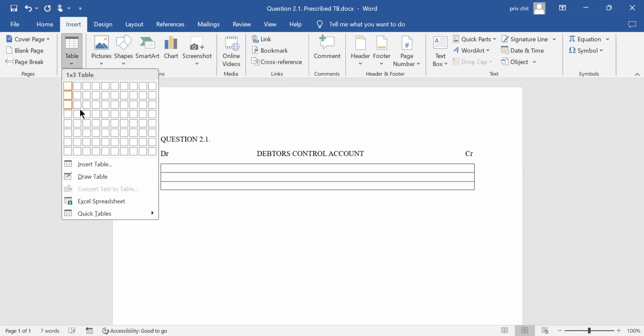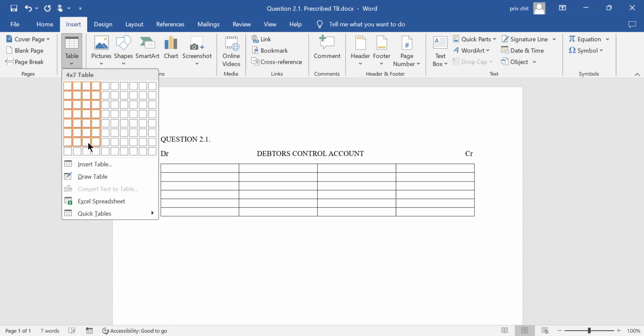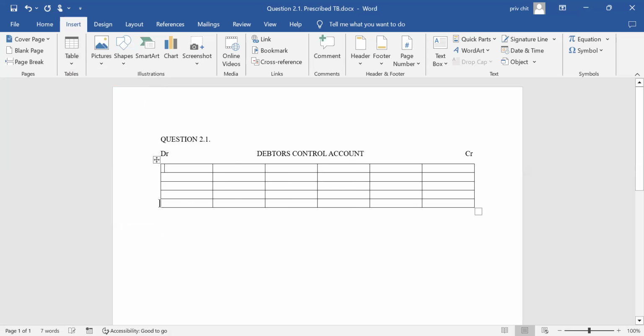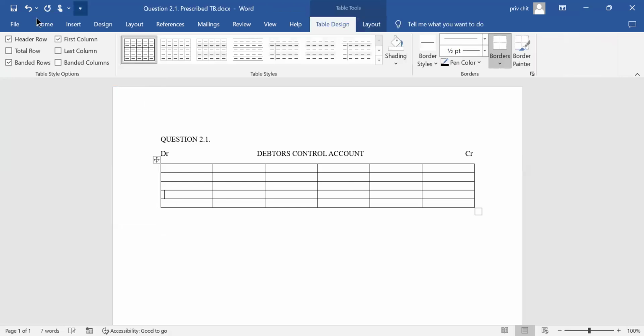I'm just going to use 2 columns. So the date column, details column, amount column, and then date column, details column, and then amount column. For now, I'm just going to use these like this.